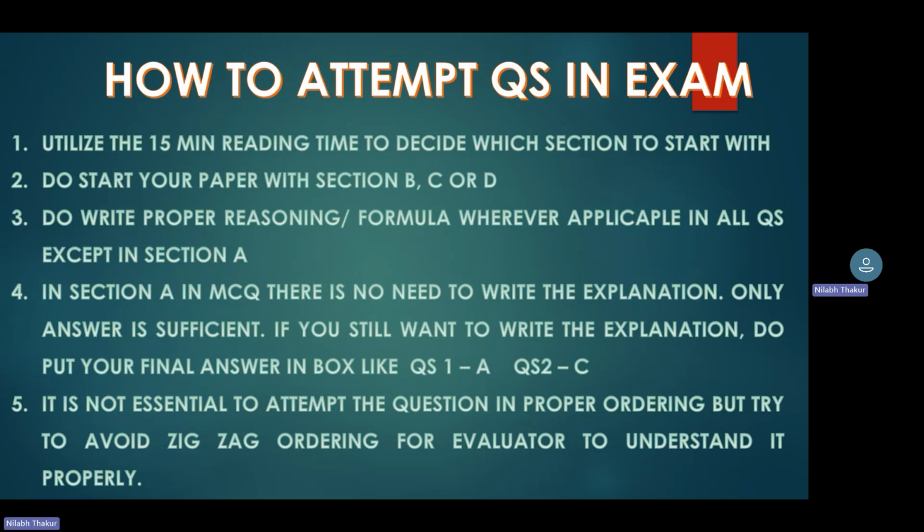Especially in three-dimensional geometry, if the vector equation is given and you want to convert it to Cartesian to solve the question, you can do the same. You can convert vector into Cartesian or Cartesian into vector wherever you find it convenient.